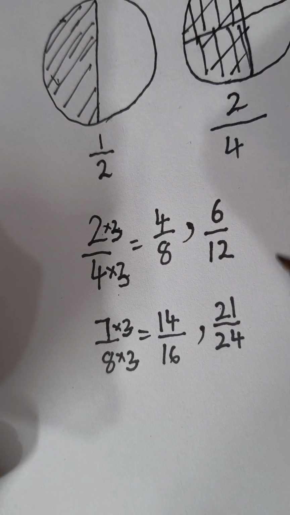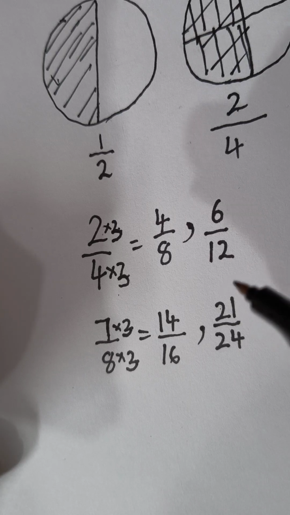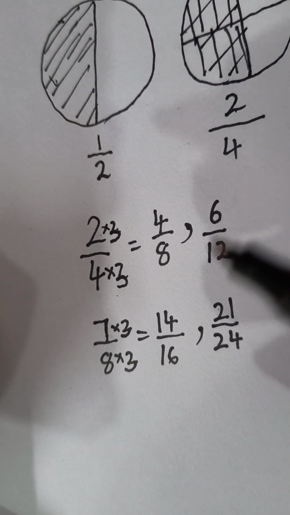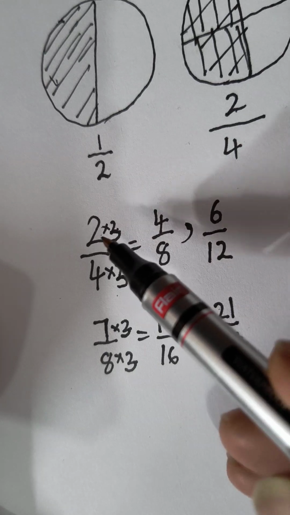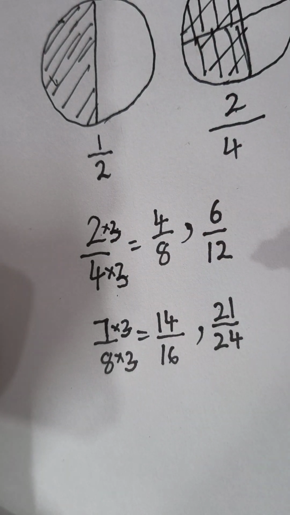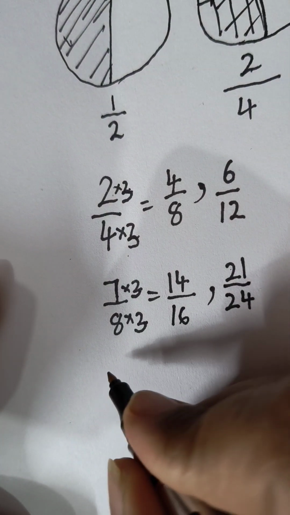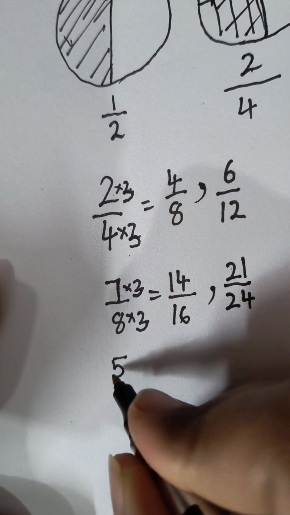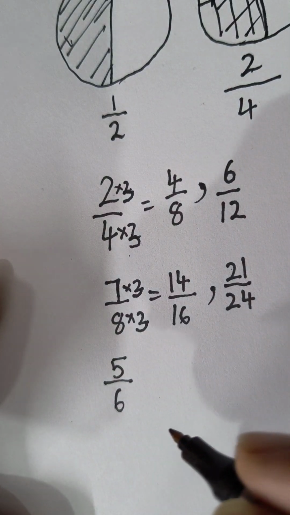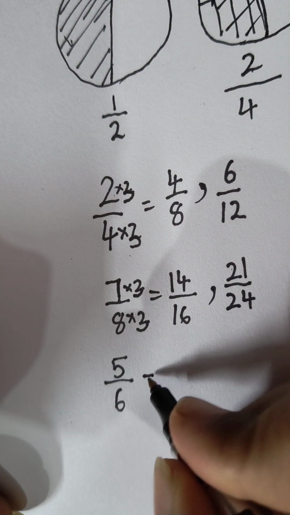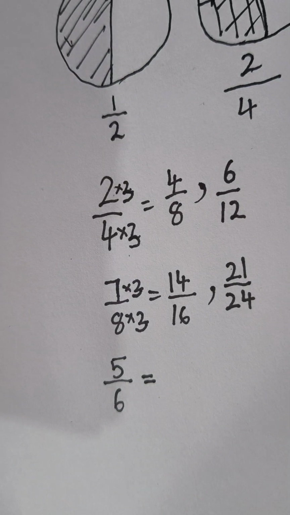It is very simple. And once you have good thorough practice, then you do not need to write these numbers. You can do it mentally. I'll give you one more example. 5 upon 6. If I have to write the next two equivalent fractions of this, this time I'm not writing the numbers.